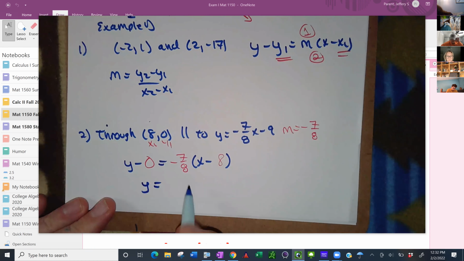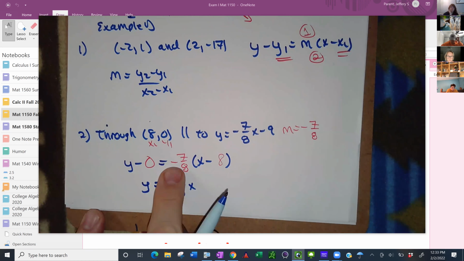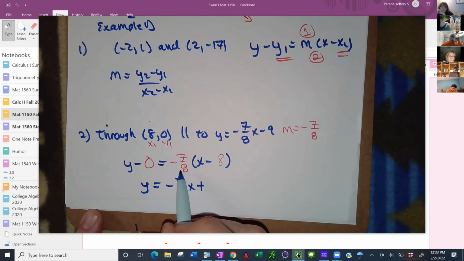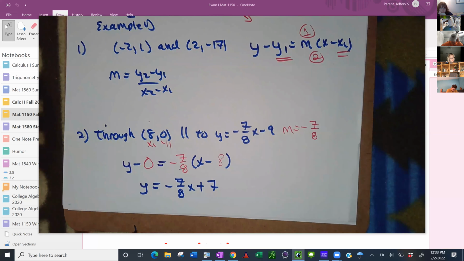And when I distribute this, I get negative 7 over 8 times x. That's easy. And then negative times a negative is positive. And negative 7/8 times 8, well, the 8s are going to cancel, right? So just a 7. And I'm afraid that's it. You're all done with this one.